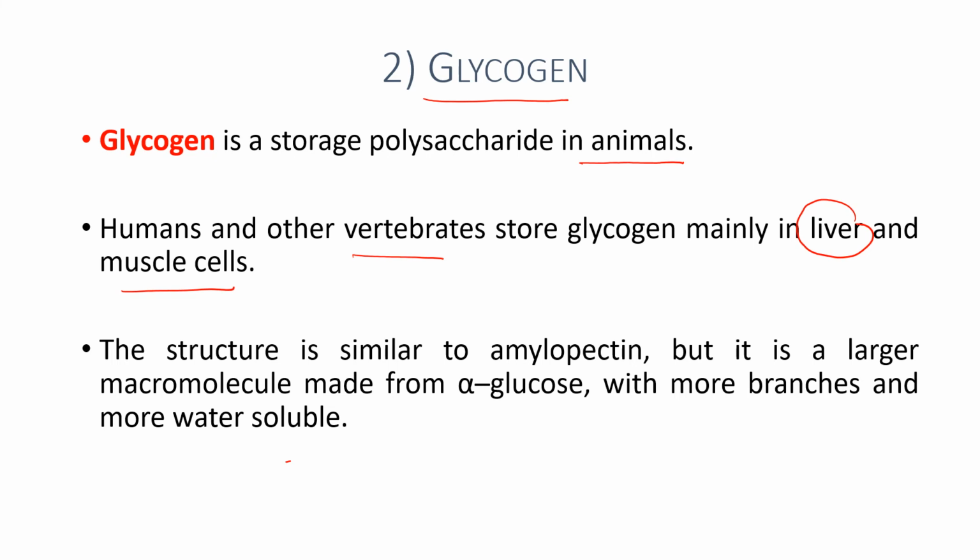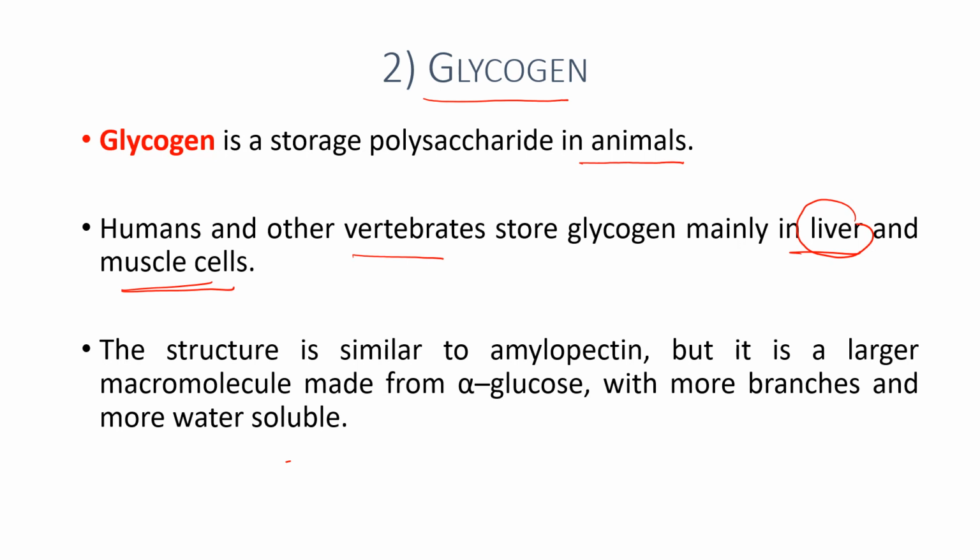When animals or humans eat carbohydrates, for example potatoes, rice or bread, whatever sources that contain starch from plants, this starch will be digested and broken down into glucose, absorbed into the bloodstream, and then the excess glucose in the blood will be stored in the form of glycogen, usually in the liver or in the muscle cells.